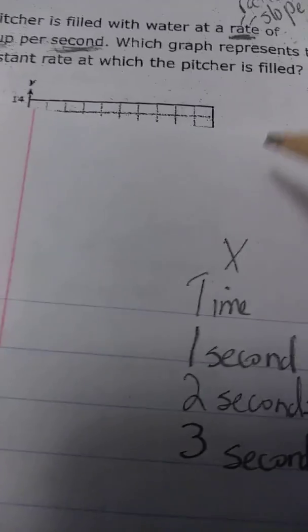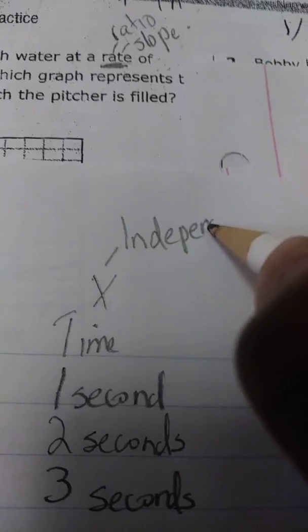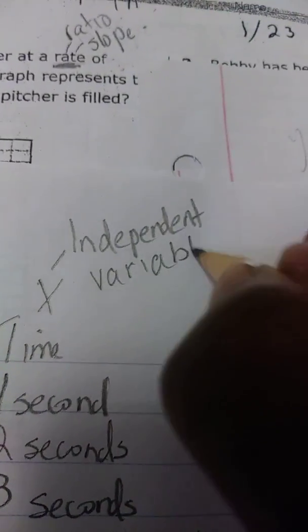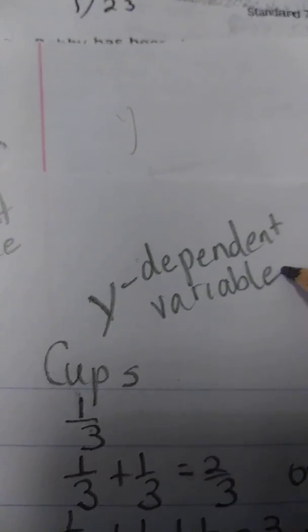So my x is my independent variable, and my y is the dependent variable. Let's see what the answers are.